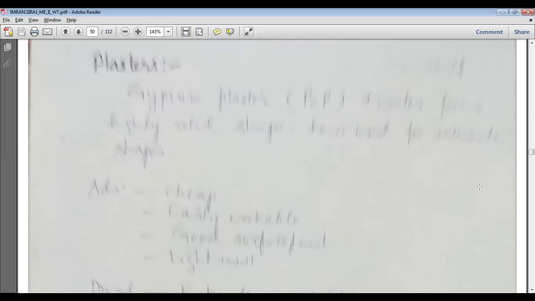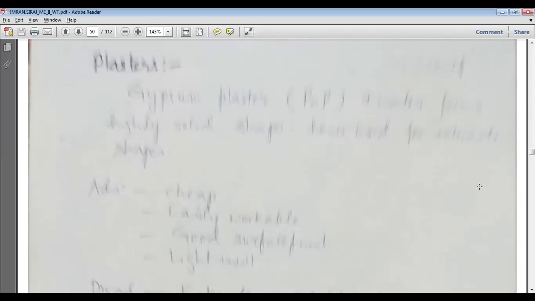So this is also used in our pattern making. It has good solid strength, and it is light, so it is easy to give it any shape. So any complex pattern can be made of plaster of Paris. At the same time, it has good strength and good surface finish also. So it is also used as pattern material.